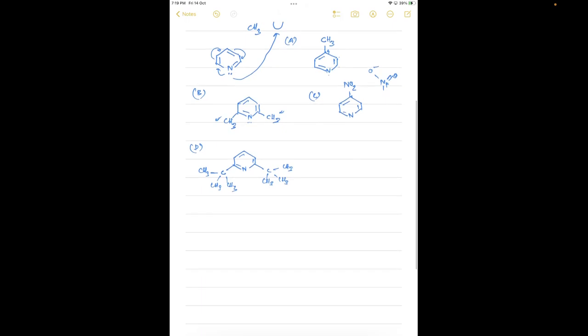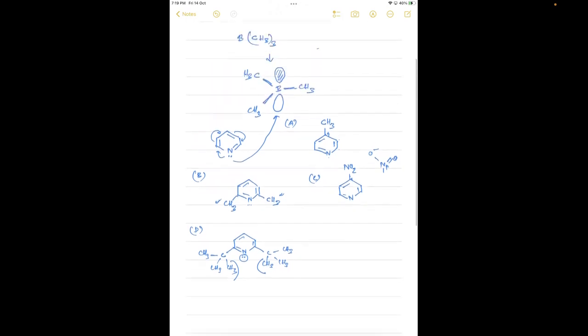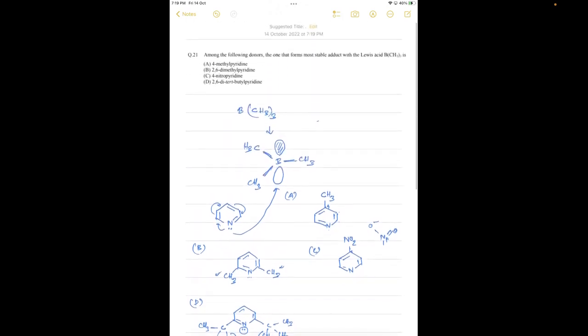And option D has a bulky tertiary butyl group, so the lone pair of electrons is caged here due to this bulky group, which is why donation of this lone pair is not easy. So that's why option A will be the correct answer. 4-methylpyridine will form the most stable adduct with the Lewis acid, trimethyl borate.